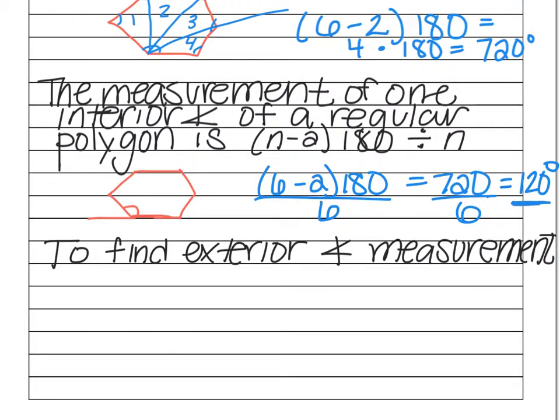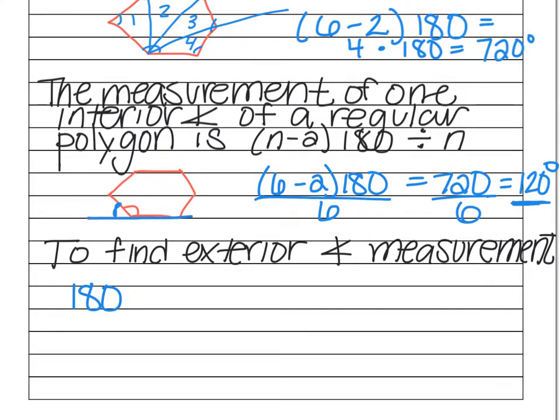You can also find the exterior measurement, which would be this guy right here, the exterior measurement in blue. In order to do that, you are going to take 180 degrees, and the reason I'm taking 180 degrees is because this right here is a line and it should be 180.